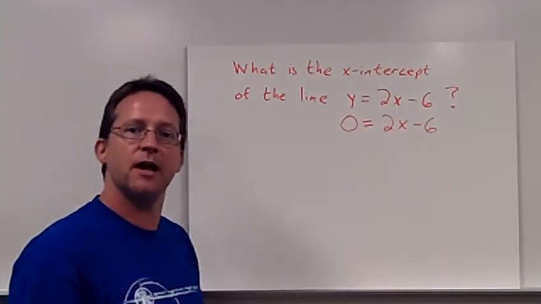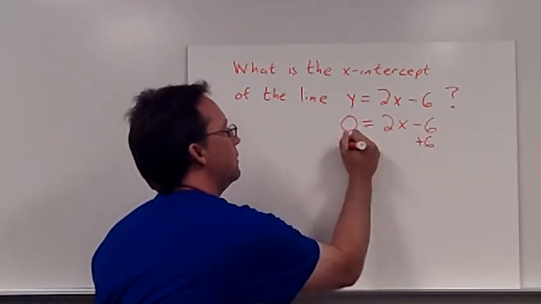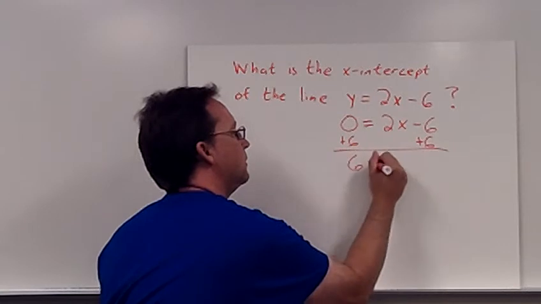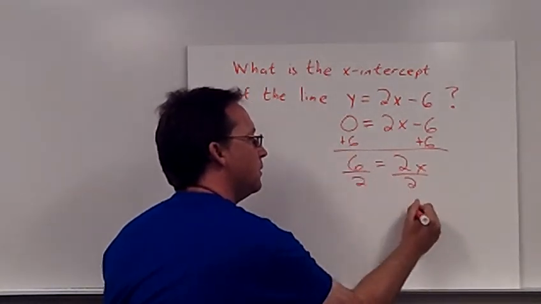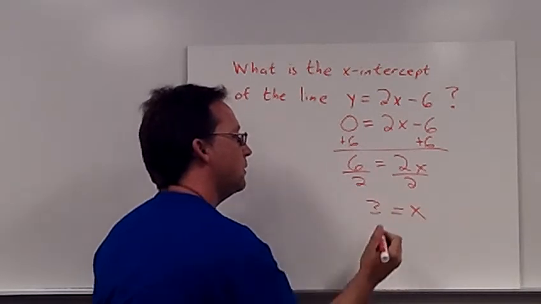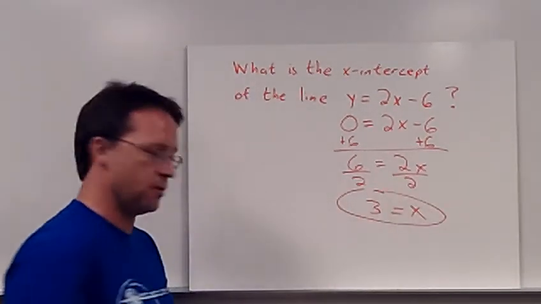And now we're going to solve that for x to find the x-intercept. We'll add 6 to both sides. We'll divide by 2. And we find that our x-intercept is at x equals 3.